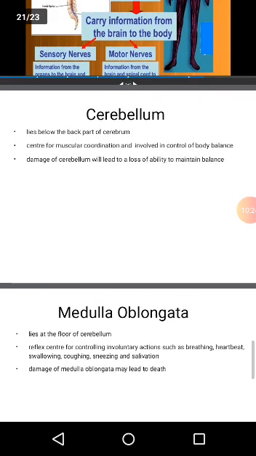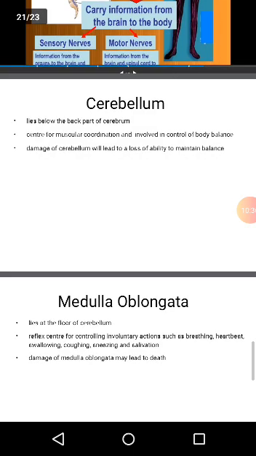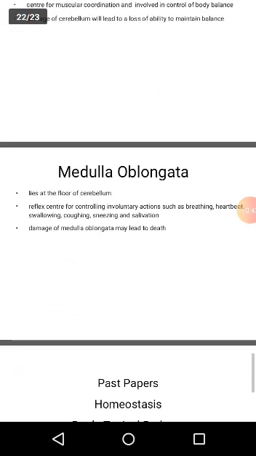The next part, the second part after the cerebrum, is the cerebellum. It lies below the back part of the cerebrum, and it is responsible for muscular coordination and helps in balancing the body. Damage to the cerebellum will lead to loss of the ability to maintain balance.